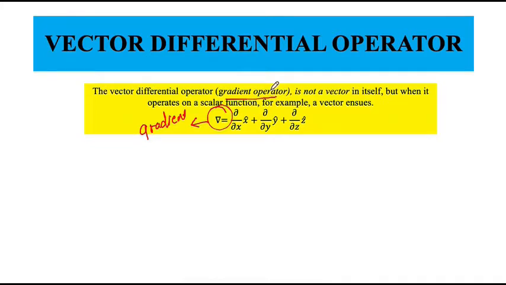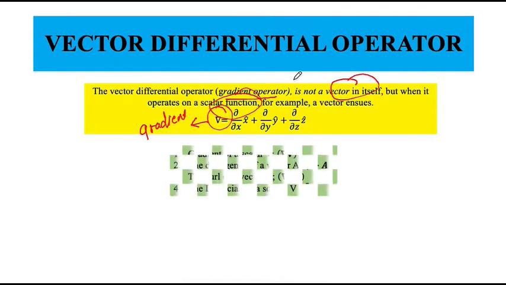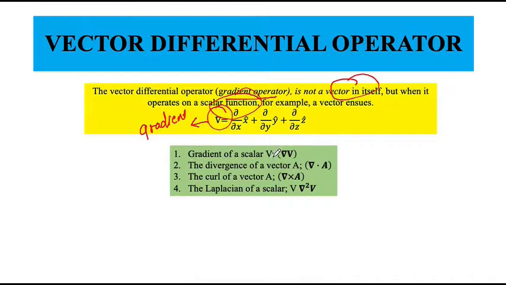This operator is also called the gradient operator. It is not a vector in itself, but an operator. It is useful in finding the gradient of a scalar, the divergence of vector A, the curl of vector A, or even the Laplacian of a scalar. Each of these will be defined in detail in subsequent slides.